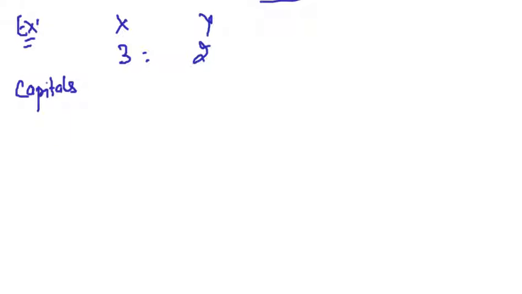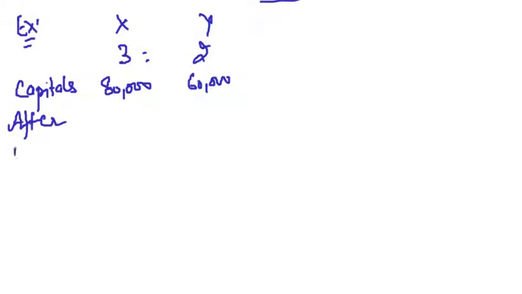Now, how to do this? For that, let's take a practical example. There are two partners, X and Y. They are sharing profits in the ratio of 3:2. Their capitals after all adjustments are 80,000 and 60,000.